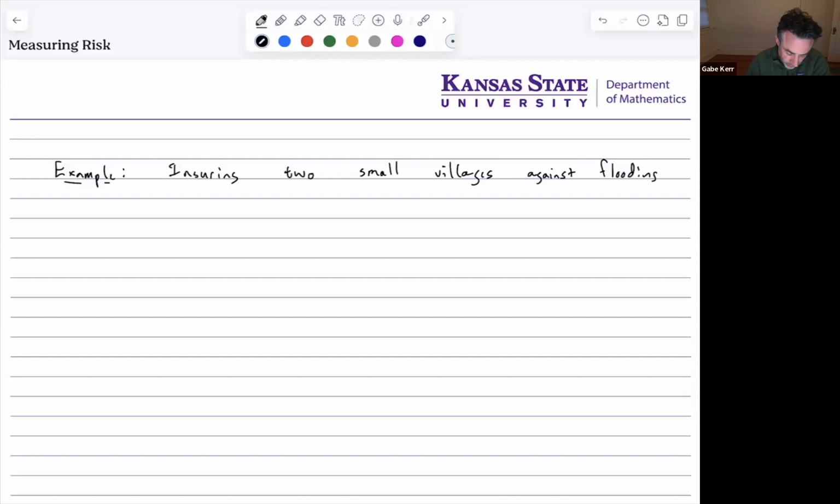The first village, village one, and then we have village two. And village one, if it's flooded, the insurance should pay off 100 million dollars. And in village two, we'll say it has to pay off 500 million. It's a little larger.